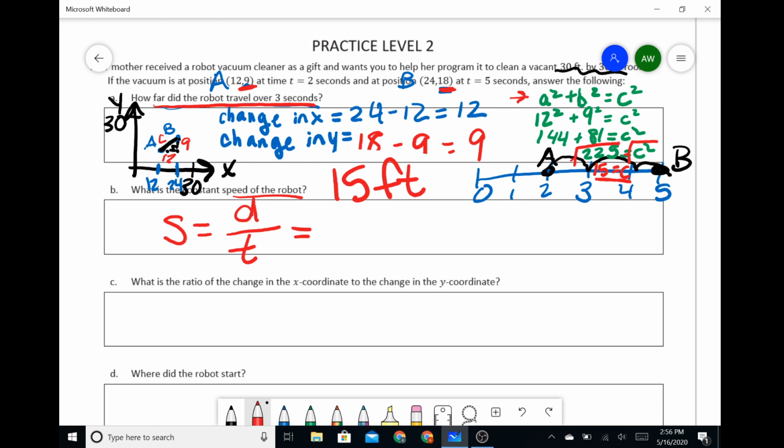So I'm going to give you a moment, Nishan. Take the distance we traveled and divide that by the time it took us to travel.